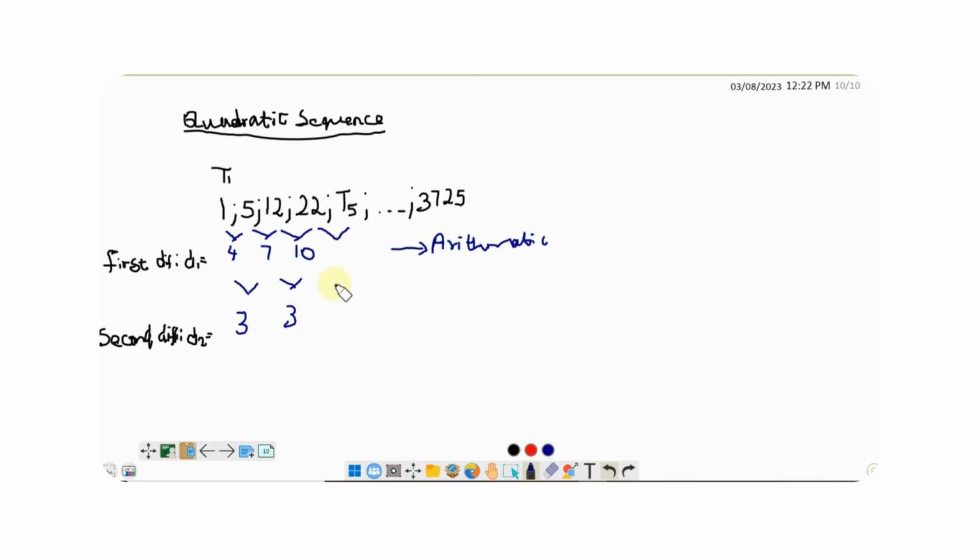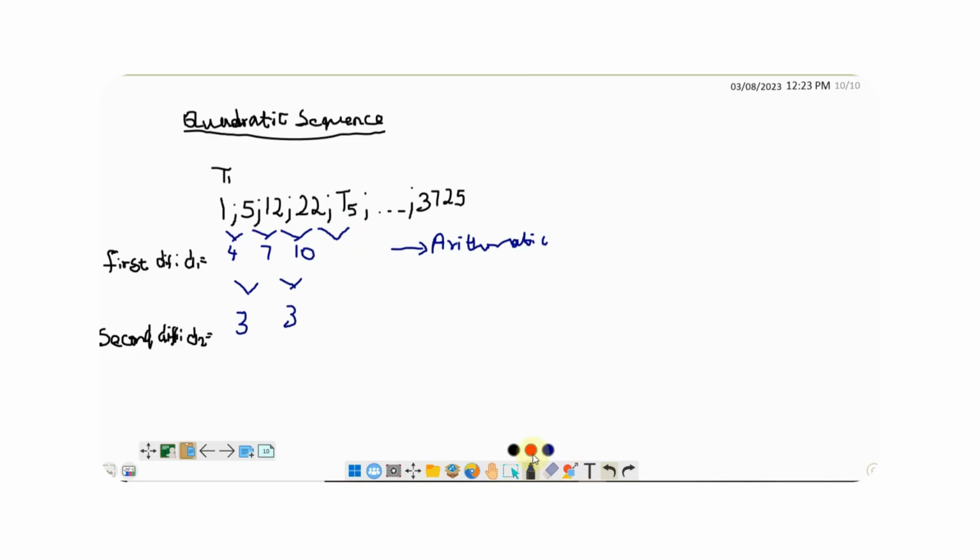Alright. So now they say to you, find the general formula. Okay, let's say the first thing they say to you is find the value of T5. Let us see how you can find the value of T5 without even the general formula.